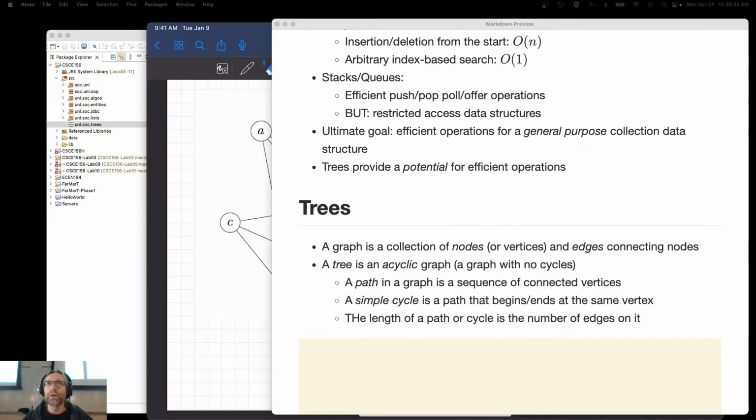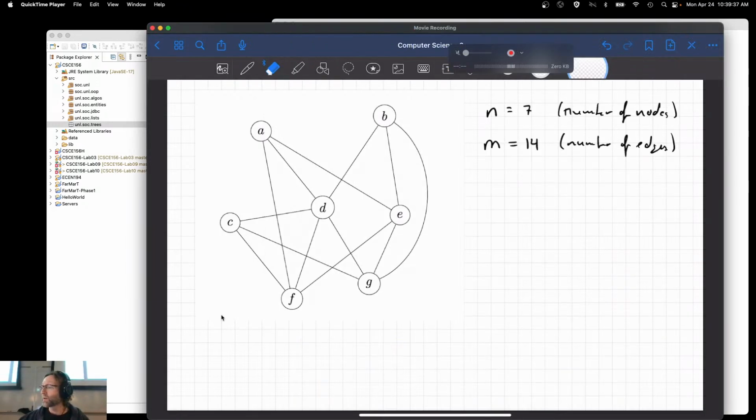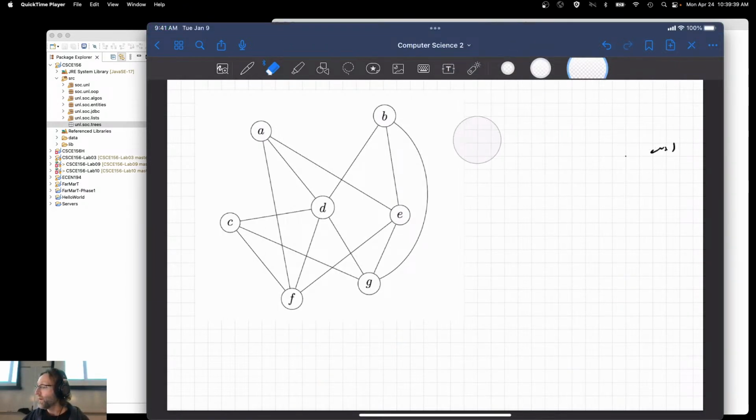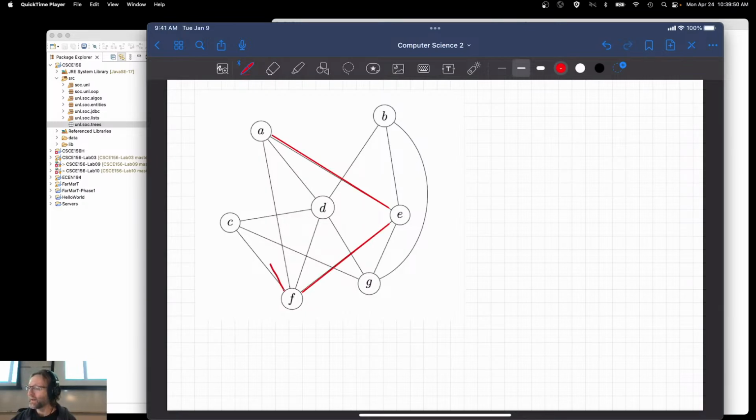Okay? So now let's take those definitions and visualize them with this general graph first of all. Let's get rid of that. I'm going to draw a path. I can go from A to E, then from E to F, and from F to C. That is a valid path.